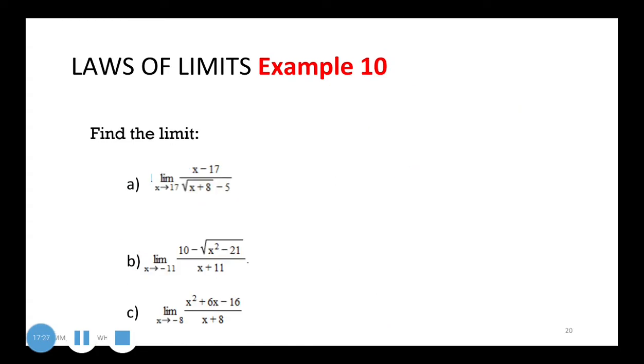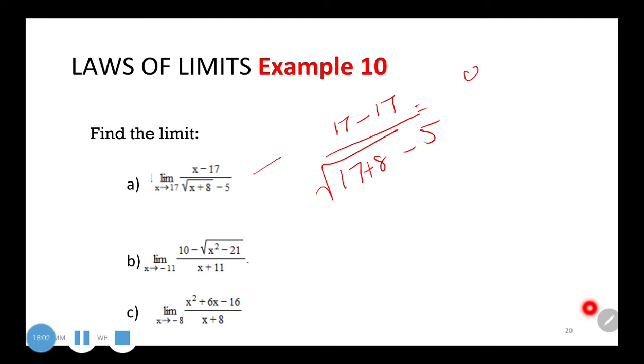Whereas for example 10, this needs some manipulation. If you try to, let's see here, for example, we try to do this, and then 17 minus 17, and then 17 plus 8, third minus 5, and then this we get 0, and then 25, so 25, 5, 5, 5.